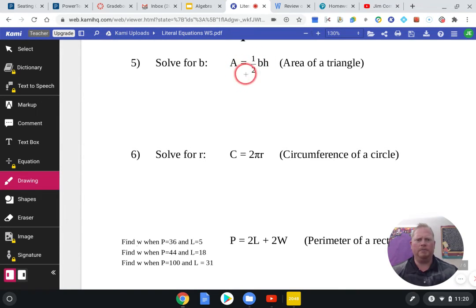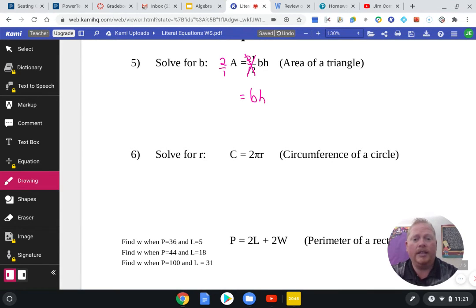So how do we start getting b all by itself? First off, it's got that fraction in there. I don't like to have fractions in my stuff, so I'm going to get rid of it. How can I get rid of 1/2 in front of that variable? Well, if you recall, the way we get rid of a fraction in front of a variable is to multiply by the reciprocal. So I'm going to multiply by 2 over 1. That way, the 2's can cancel out, the 1's cancel out, and I just have bh on that side.